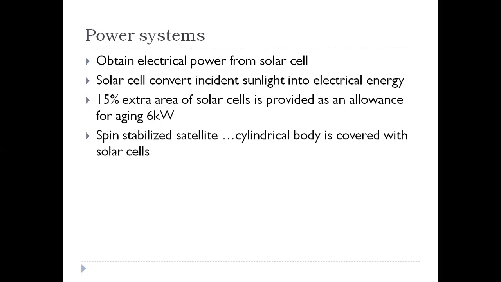Solar cells must be rotated by an electric motor once per 24 hours to keep the cells in full sunlight. This causes the cells to heat up, typically to 50 to 80 Celsius, which causes a drop in the output voltage.